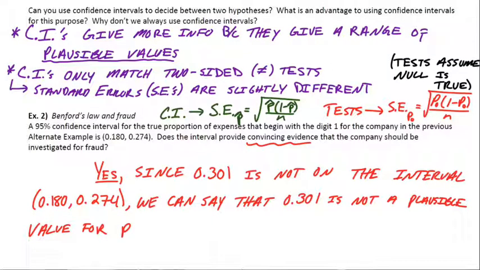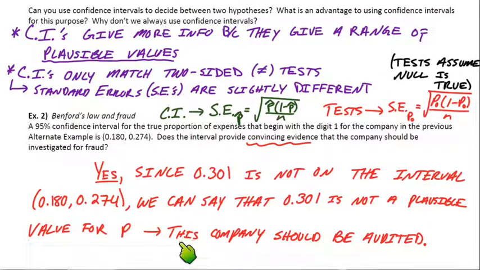So that's kind of the key here. 0.301, not on the interval, not even close, in fact. So it doesn't look like we can consider it to be a plausible value. Even if it was in there by just a hair, I would say okay, but it's not on there. Which means if it's not a plausible value, our statistical opinion says this company should be audited or investigated further.